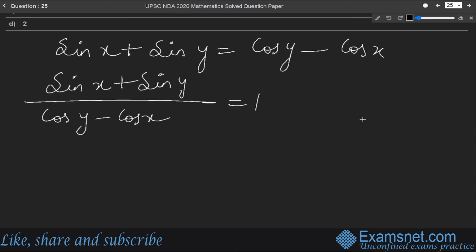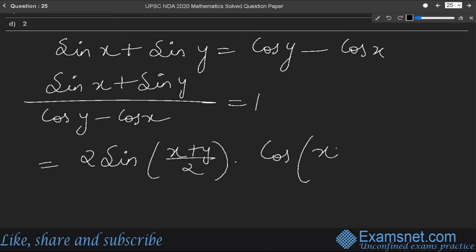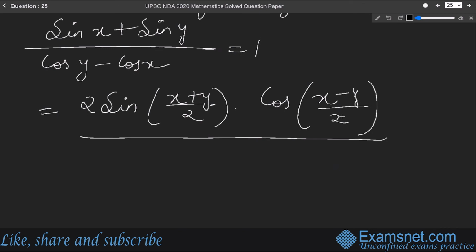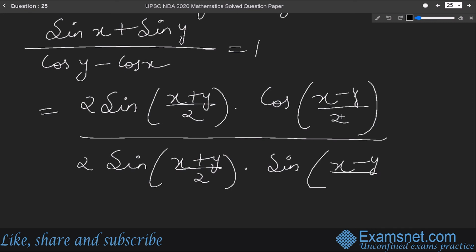Now applying the formula for sin A plus sin B and cos A minus cos B. On applying formula, it will be 2 sin x plus y upon 2 into cos x minus y upon 2, upon, now denominator part is cos A minus cos B. So it will be 2 sin x plus y by 2 into sin x minus y by 2, and it is equals to 1.